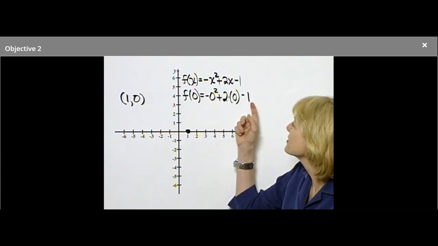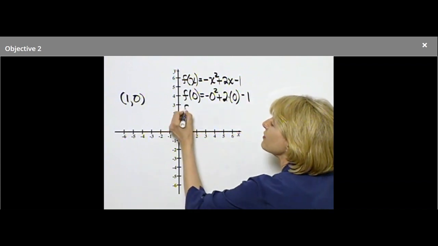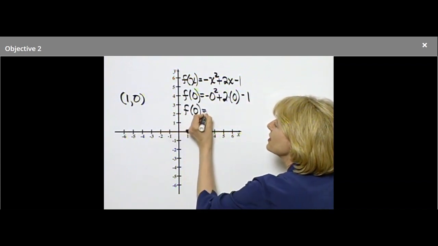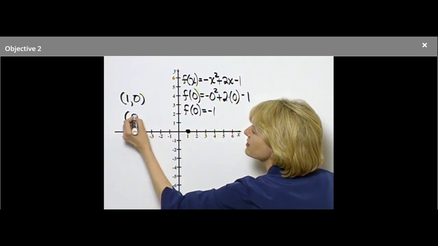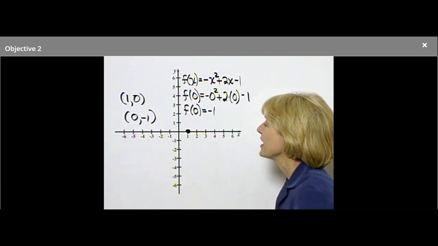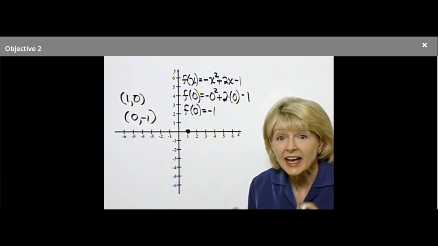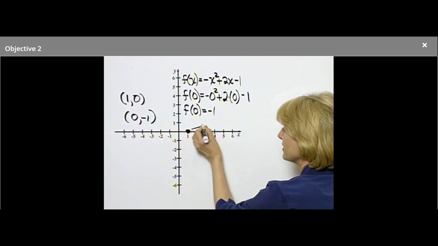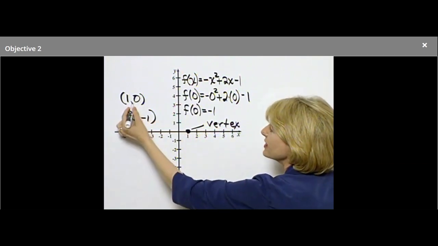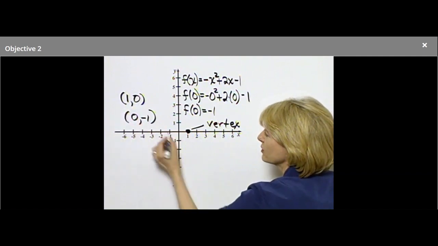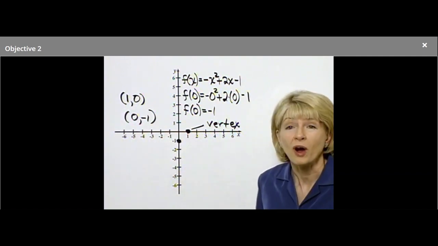That's 0 plus 0 minus 1. F of 0 is negative 1. So we have the ordered pair 0, negative 1. Now be careful. Don't forget that this is the vertex, and then 0, negative 1, that is the y-intercept.